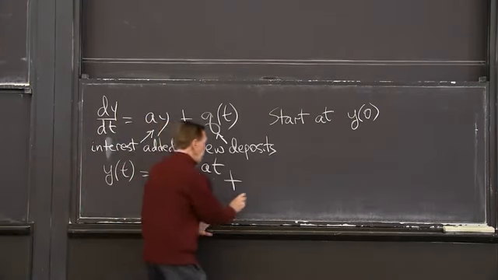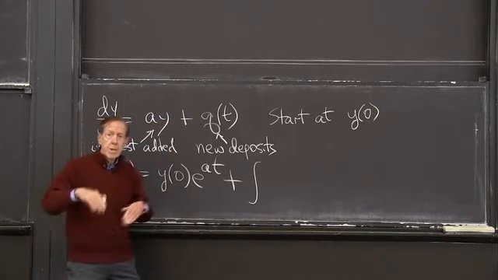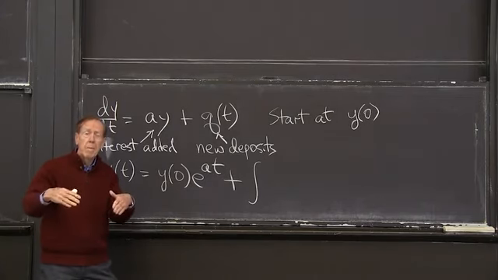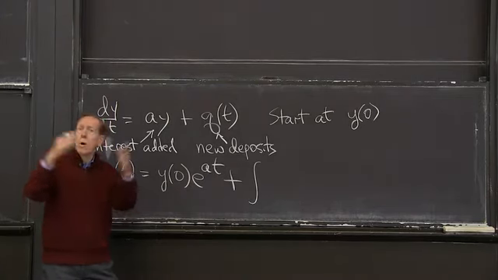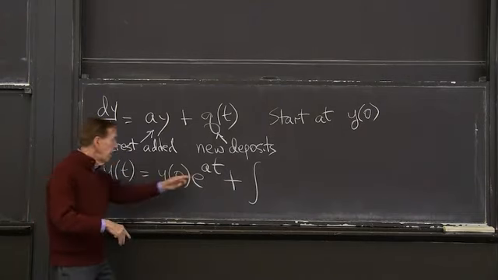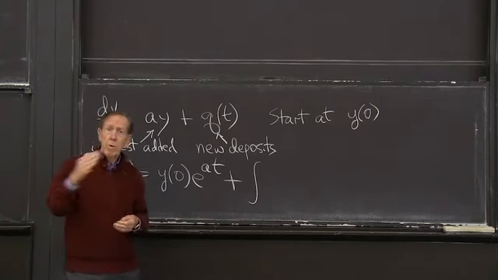So here's the formula. Each deposit goes in at some time, and then once you've made the deposit, it's going to grow exponentially. It will grow over the remaining time.